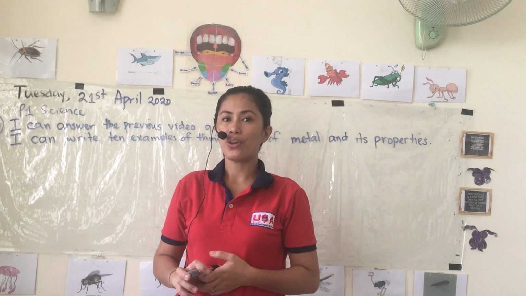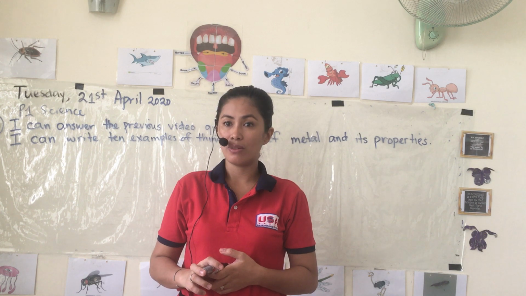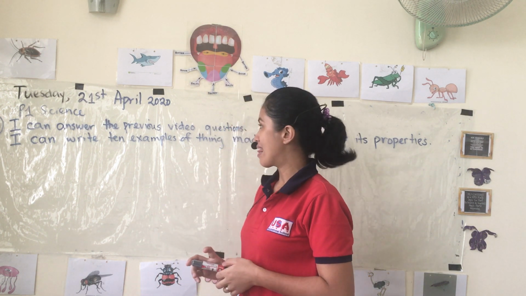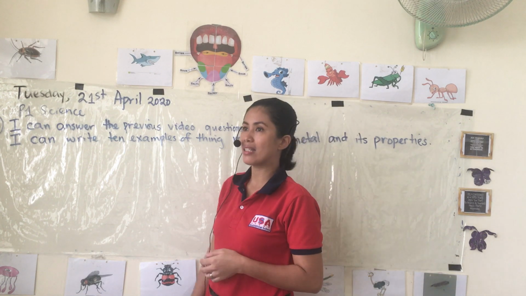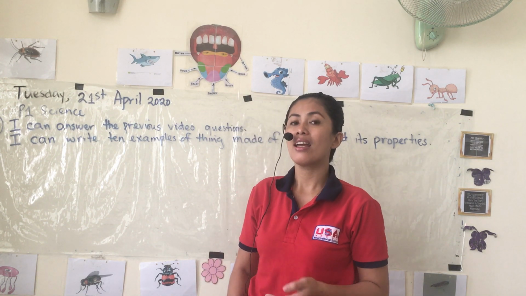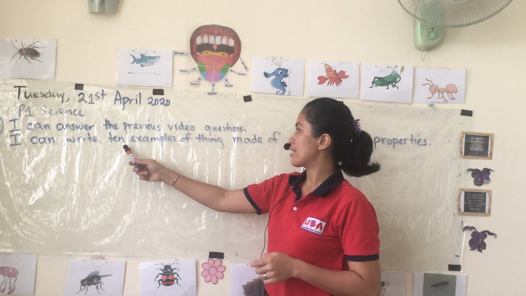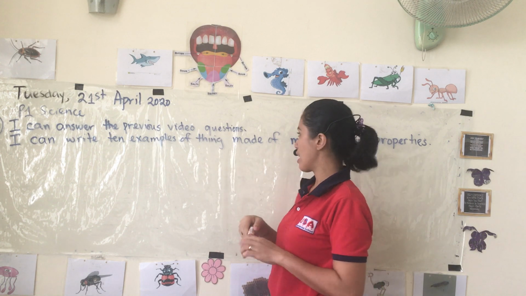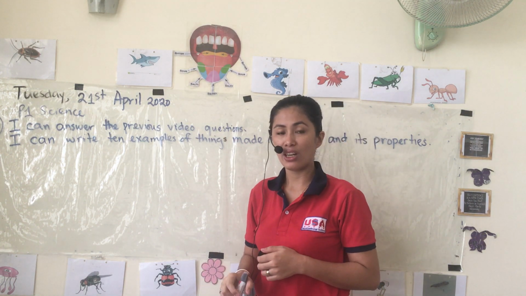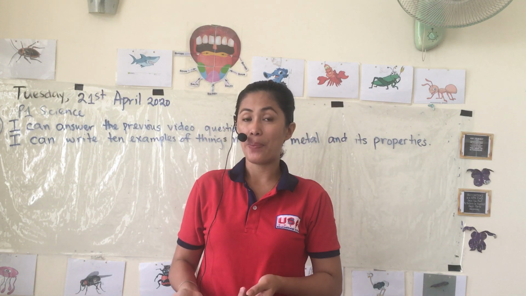So we are going to answer what are the materials you found in the video. And for the second one, your assignment for today is that you are going to write 10 examples of things made of metal, and also you are going to identify its properties.